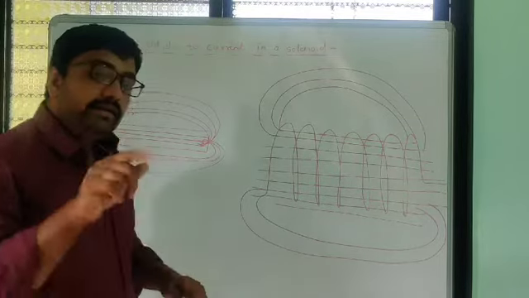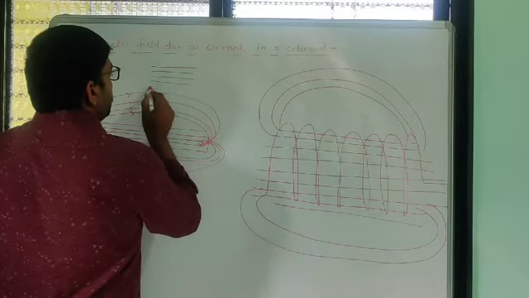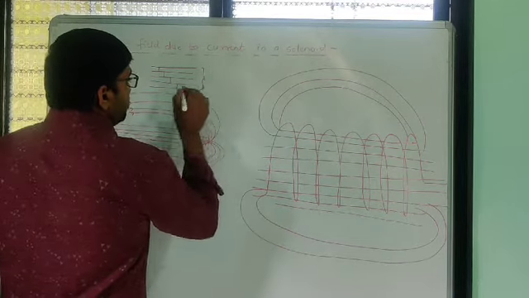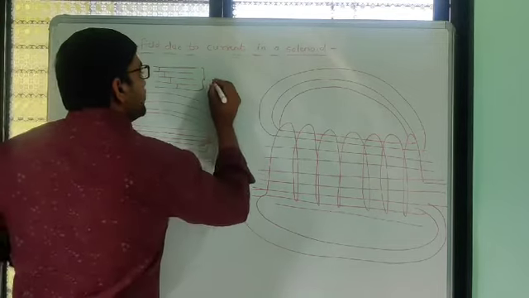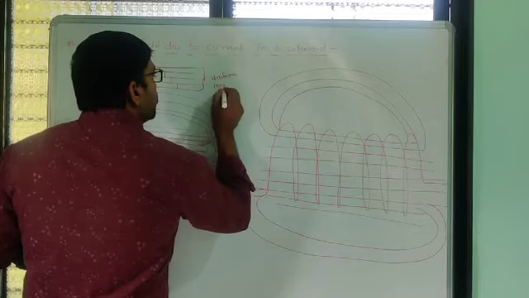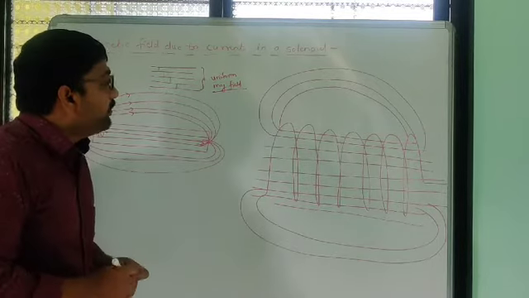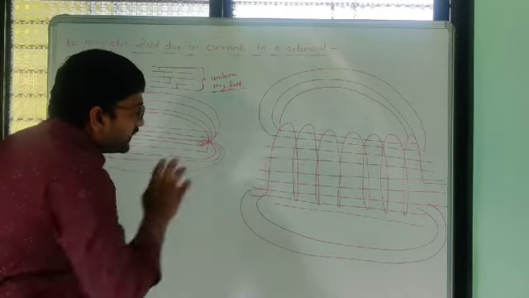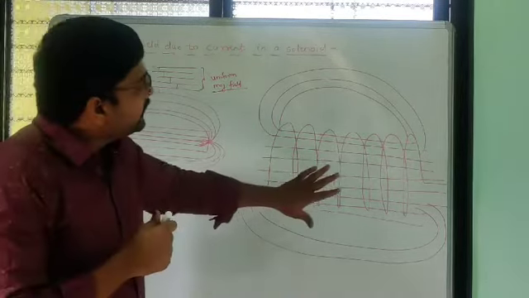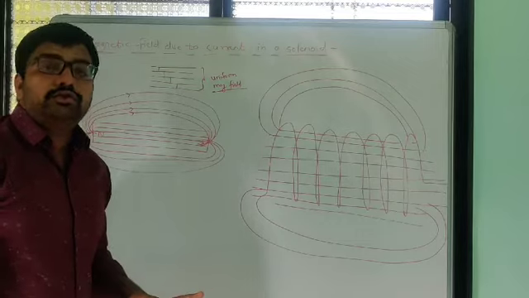I already told you the spacing between two lines is the same. These two lines, these two lines, these two lines, the spacing between two nearer lines is the same, and such a field is called a uniform magnetic field. Here the spacing between two nearer lines is almost the same everywhere, so the structure of the magnetic field of the bar magnet and the solenoid is the same.